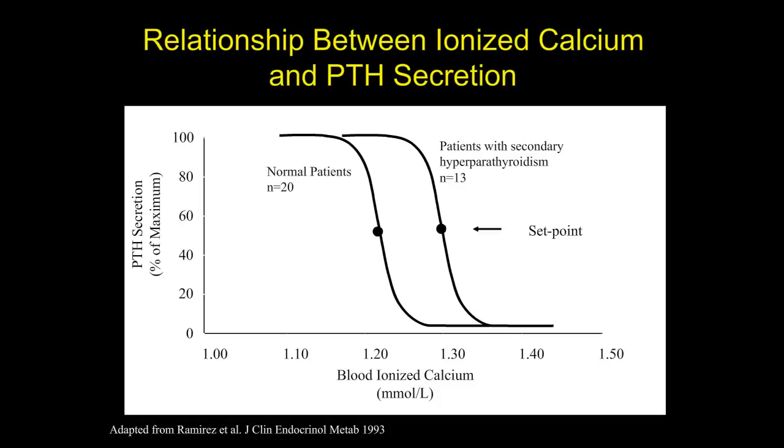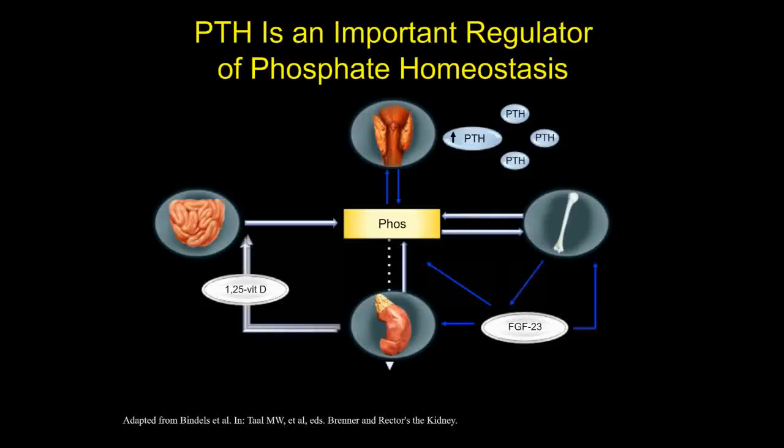In patients with renal disease and secondary hyperparathyroidism, as you can see by the line to the right, we get a shift in this set point to the right, so it takes a higher serum calcium to inhibit parathyroid hormone release.